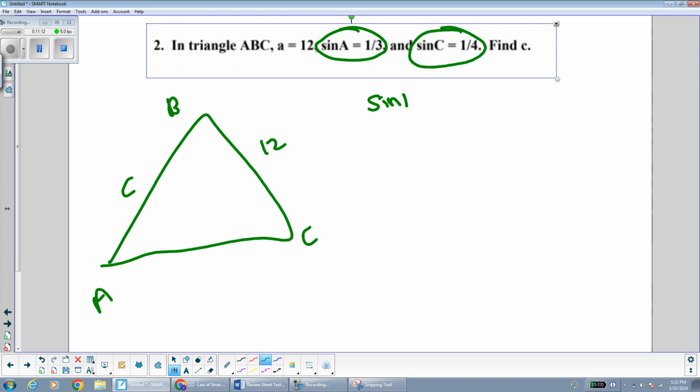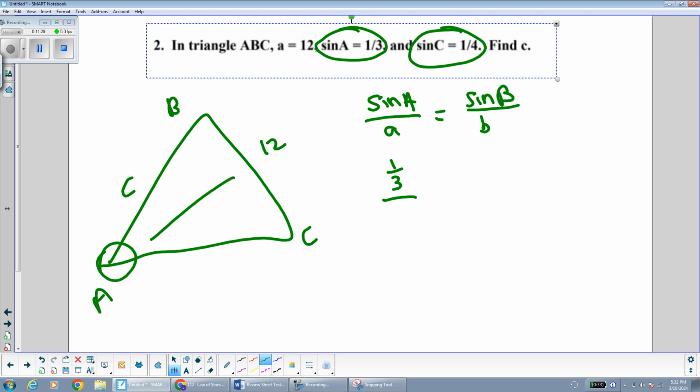Sine of one angle over the side across from it equals sine of another angle over the side across from it. So we already have sine of this angle, which is 1/3, over the side across from it, which is 12. And we already have sine of another angle. We have sine of this angle is 1/4 over the side across from it, which is what we're looking for here.